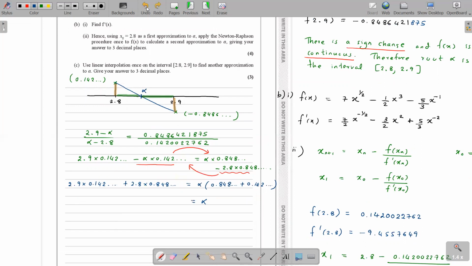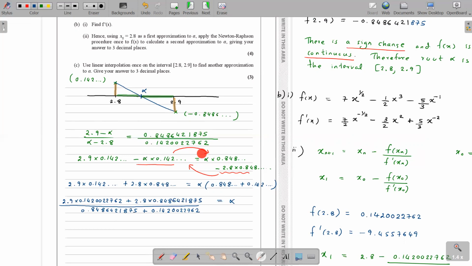Shall I write all the full figures now at the final stage? 2.9 times 0.14200222762 plus 2.8 times 0.8486421875 divided by 0.8486421875 plus 0.14200222762.